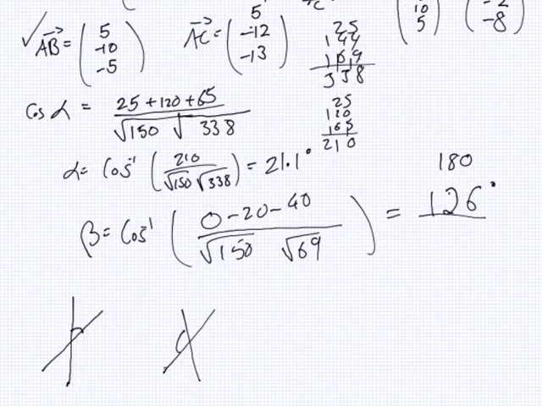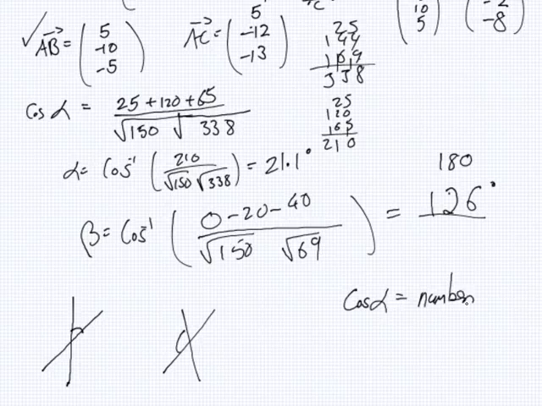I think so too. But not. Because if I gave you something like this, cos alpha equals a number, this has two answers. Just like if I said x squared equals a number, this has two answers.